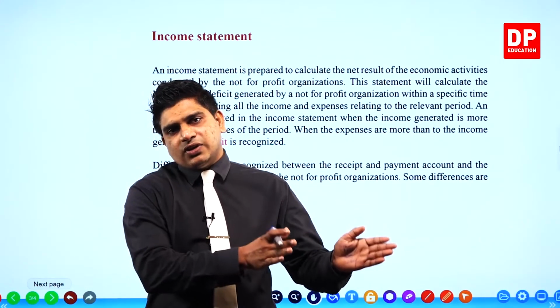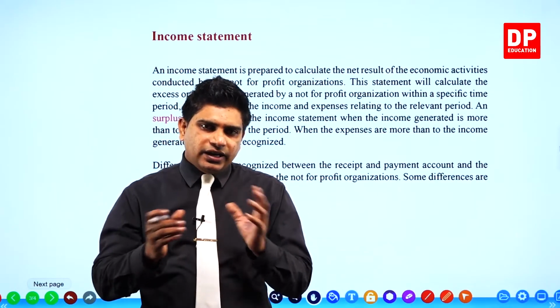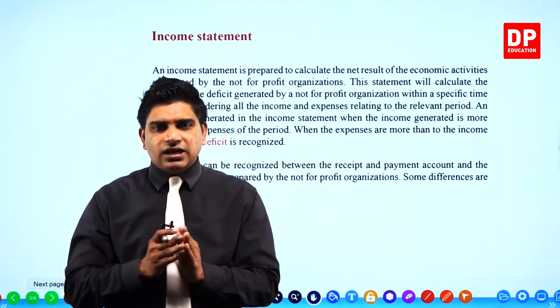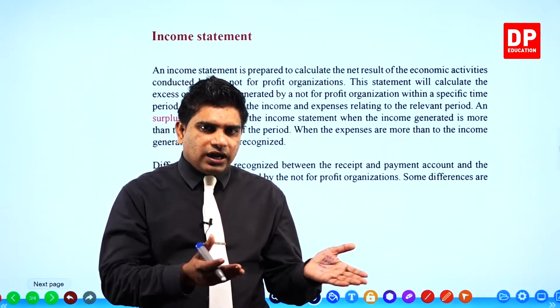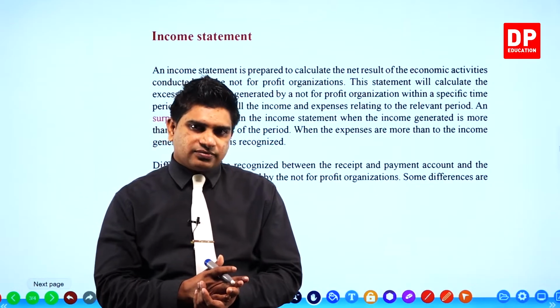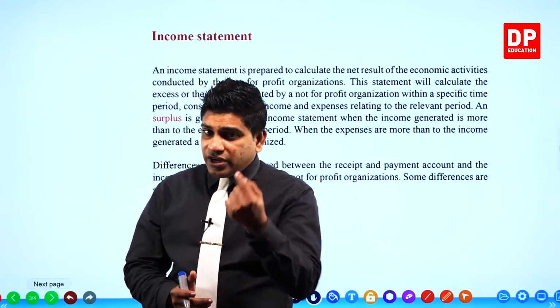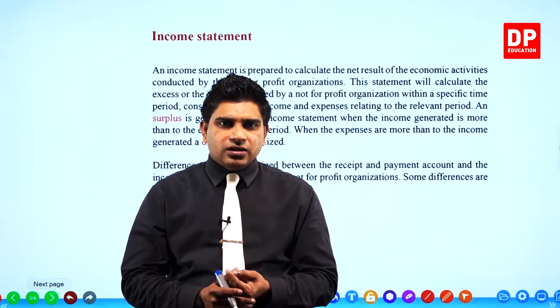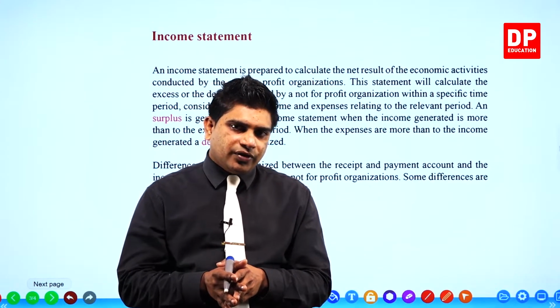All the paid cash we write in the credit side. Finally, we get the cash balance. Opening cash balance we put into the debit side. Finally, we get the total and balance carried down, balance carried forward. It is the cash balance. Now we finish the first financial statement prepared by a not-for-profit organization.